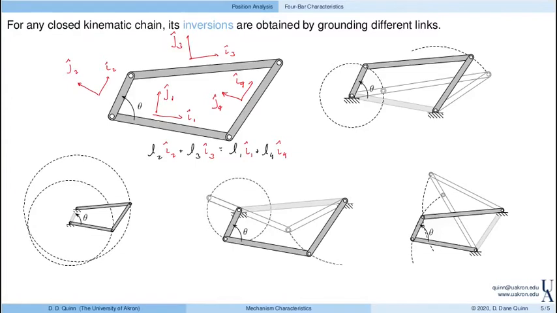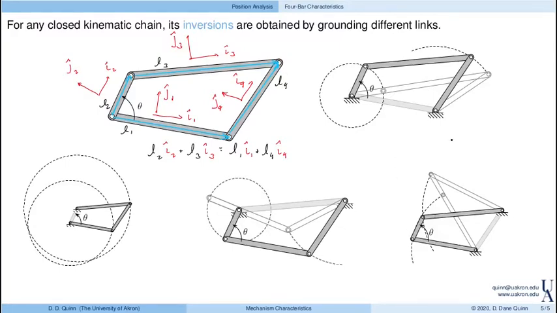Or, kind of drawn out, this vector plus this vector equals this vector plus this vector. All right, so here this is length L2, this is length L3, this is length L1, and length L4.